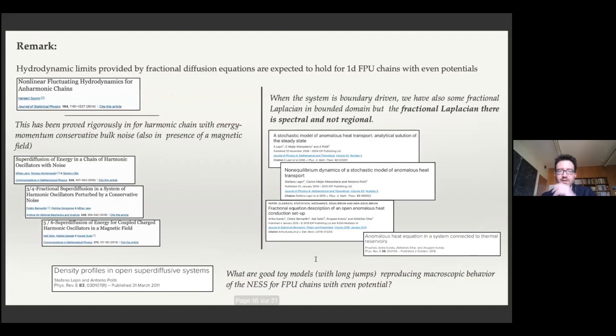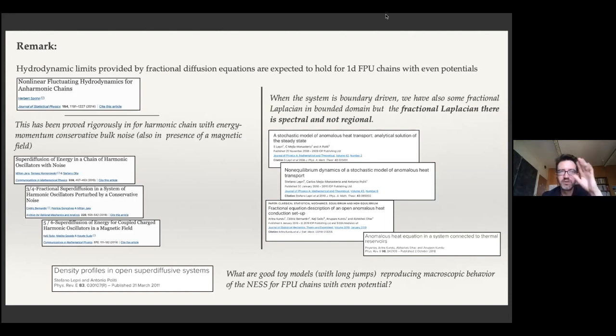Okay, some other remark that I think could be of interest for this audience, and which was in fact some motivation for this work, apart from the development of some macroscopic fluctuation theory for superdiffusive systems.